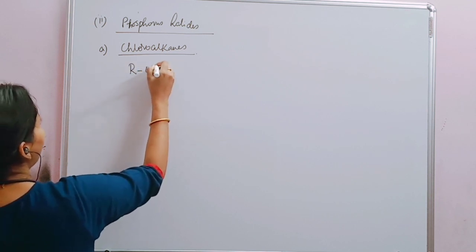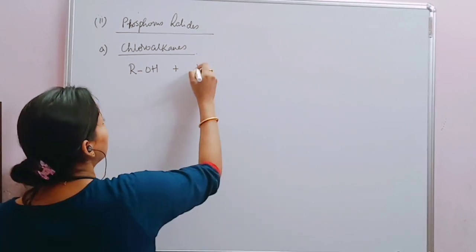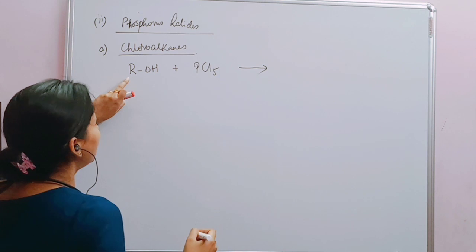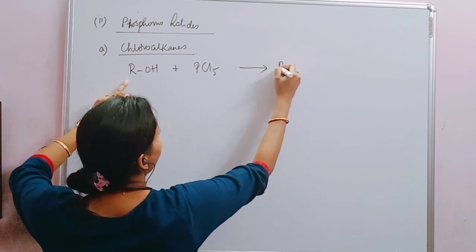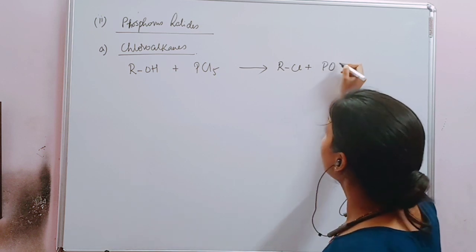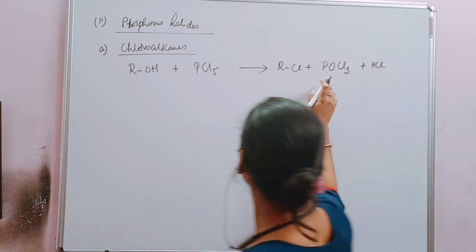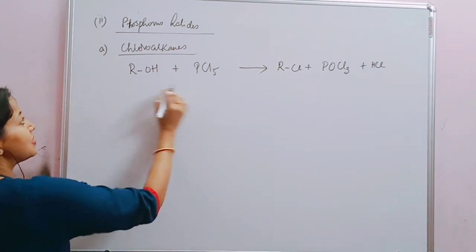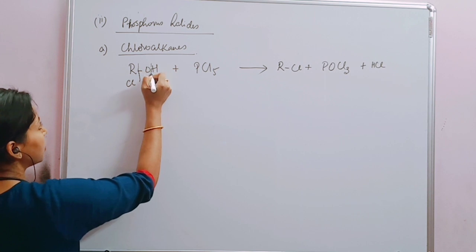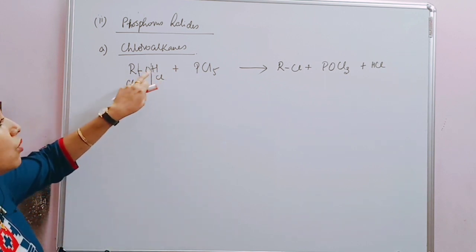Let's start. I'll just take the general formula. ROH, the phosphorus halide that you will be using is phosphorus pentachloride, PCl5. The product that you will get is RCl, that is your alkyl halide, plus POCl3 plus HCl. Now, how can you remember this? There are 5 chlorine atoms, so one goes with this, one goes with this, and we are left with POCl3.